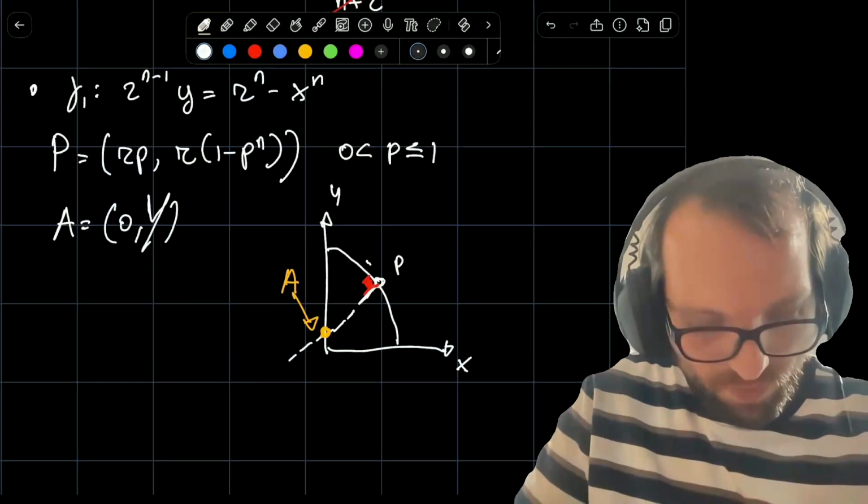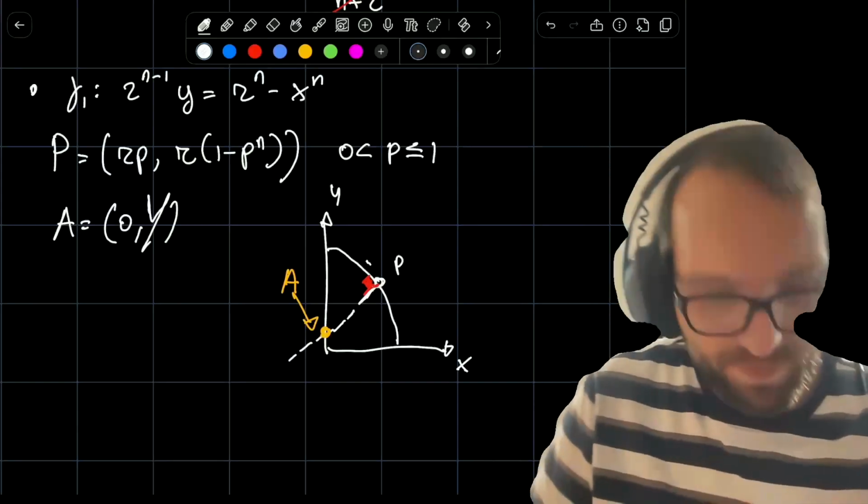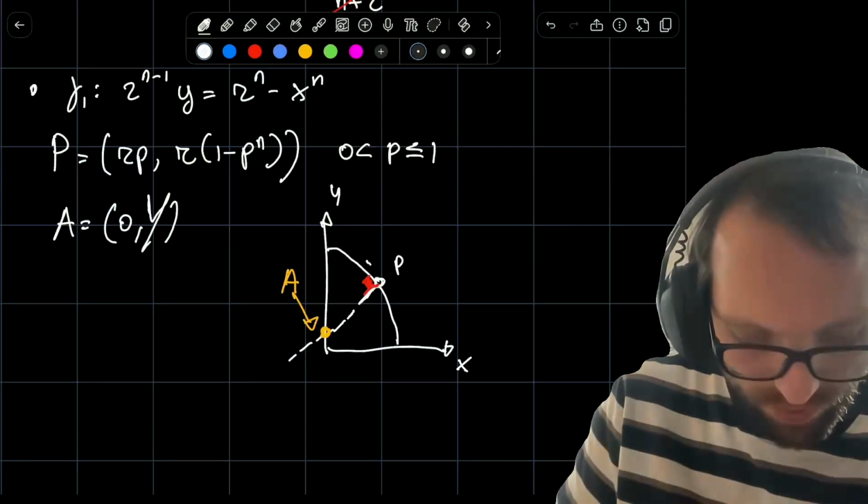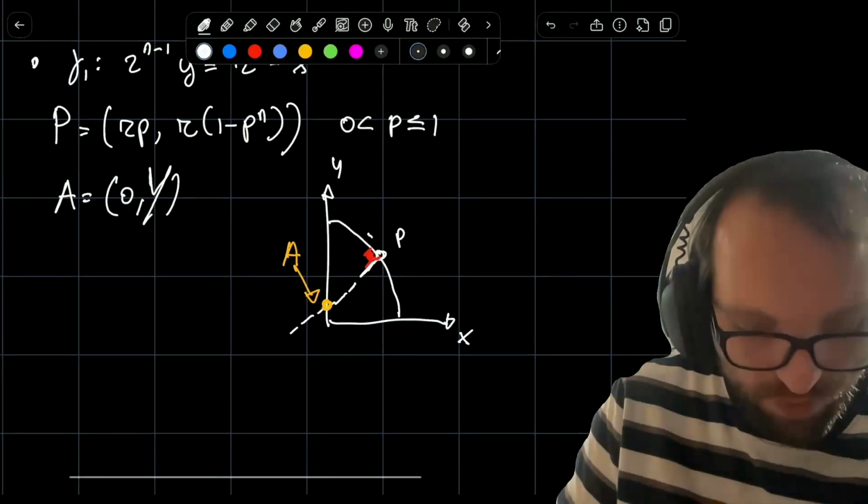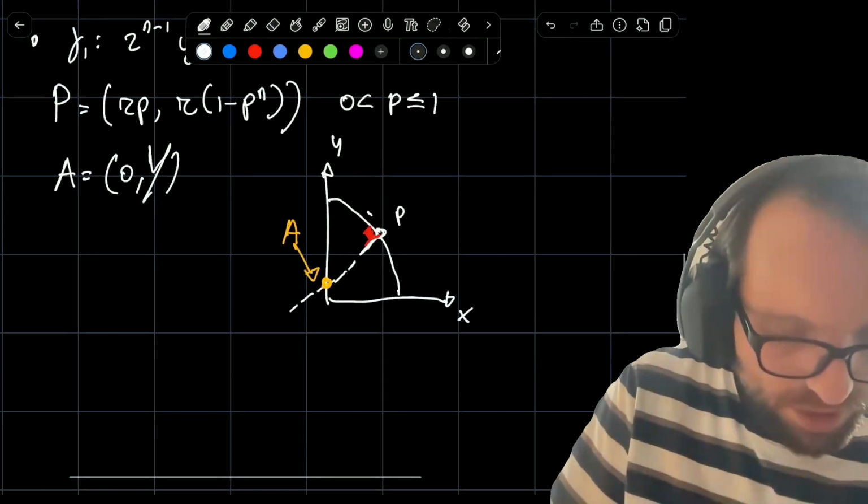How do we find the normal to a curve at a point in a curve?